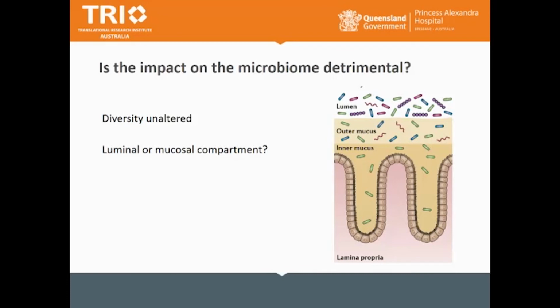The other issue is that in all of these studies, what we're sampling is the stool. So we're measuring the bacteria in the lumen of the bowel, but actually it might be the mucosal layer that's more important when we're thinking about disease pathophysiology. And all the studies that have been done, fair enough, stool is much easier to collect and sample than getting a mucosal biopsy from all of our patients.